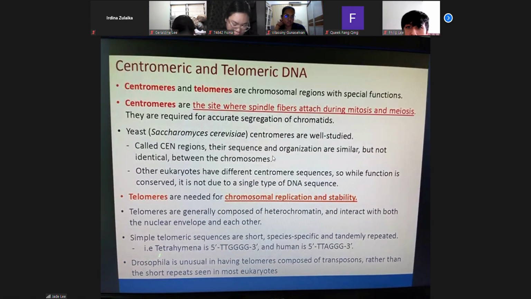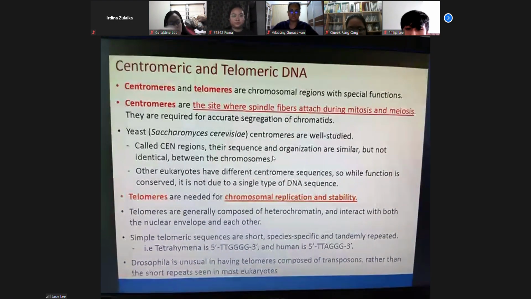And Drosophila pula is unusual in having telomeres composed of transposons, rather than the short repeats seen in most eukaryotes. So dekat fruit flies ataupun Drosophila melanogaster, they have the transposons rather than the short repeats. Right? Dalam kebanyakan eukaryote. Okay.